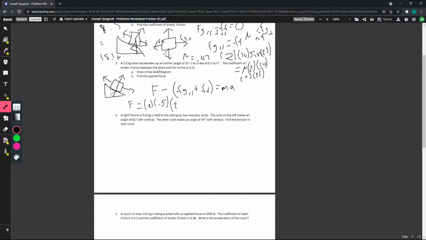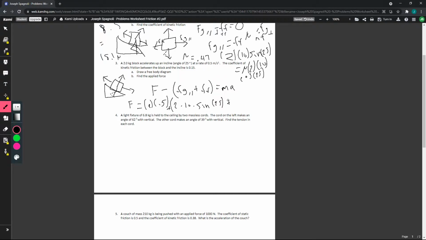And we have 2. Okay, so because force of gravity parallel is, again, mass, which is 2, times gravity, times sine of the angle, which is sine 25. And then we're going to add that to our second part. Oh, I forgot we are adding these.